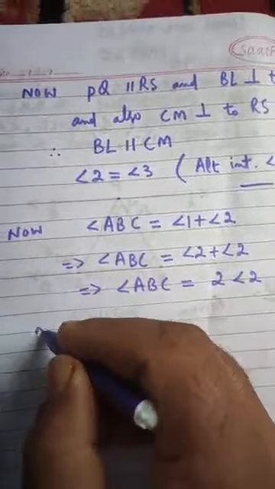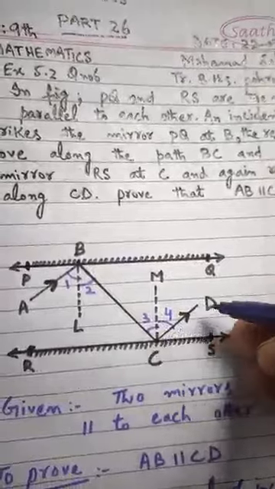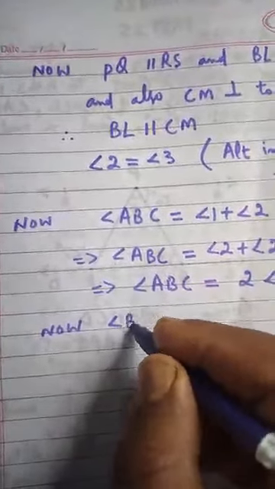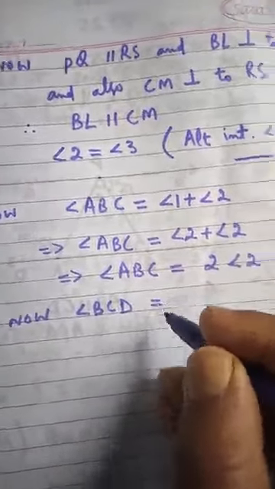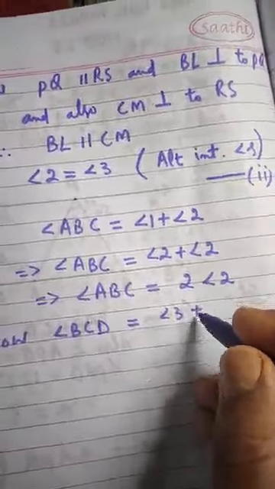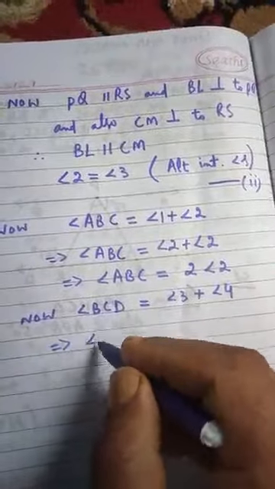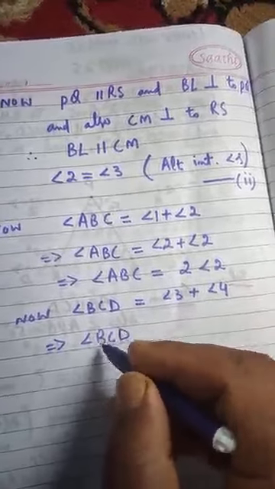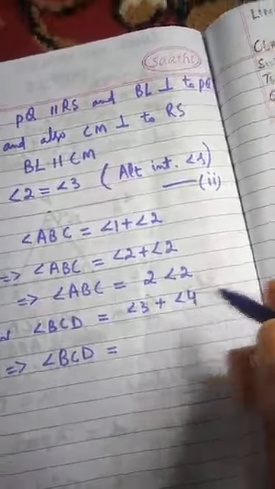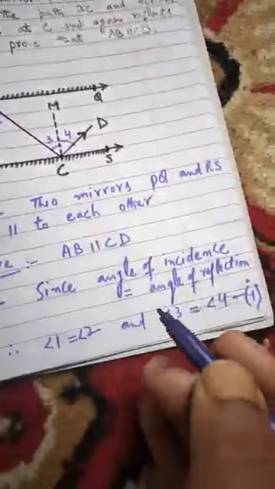Okay, now we will take another angle, that is angle BCD. That is equal to angle 3 plus angle 4, isn't it? Instead of angle 4, we can write angle 3 because these are equal, that's equation first.